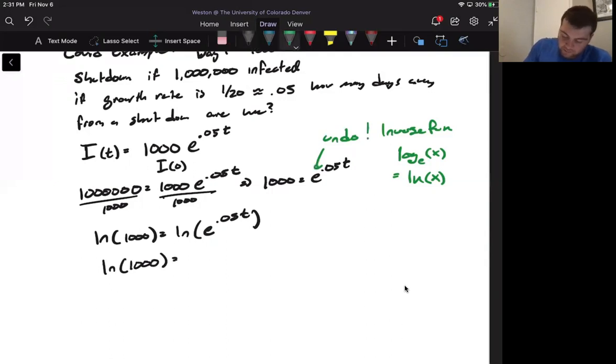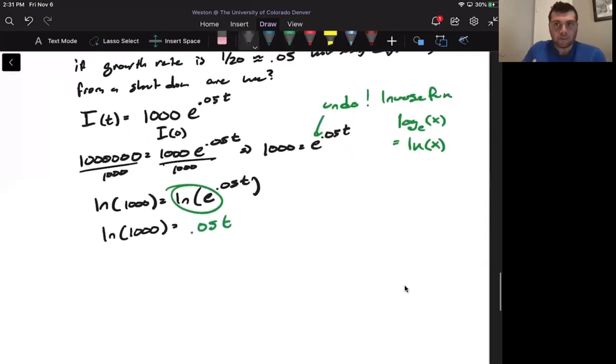But over here, these two cancel with each other and we just drop down with a 0.05t. We want to undo this 0.05, so we just multiply 20 to both sides. And we get 20 ln of 1,000 equals t. And this is a good time to break out your trusty calculator to figure out what ln of 1,000 is, which I'll do right now.